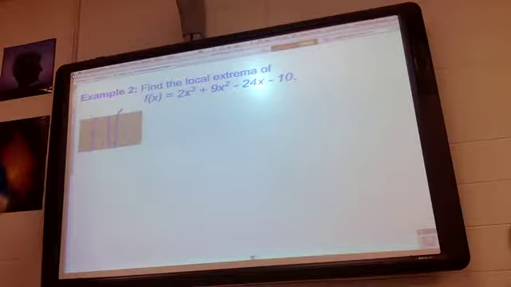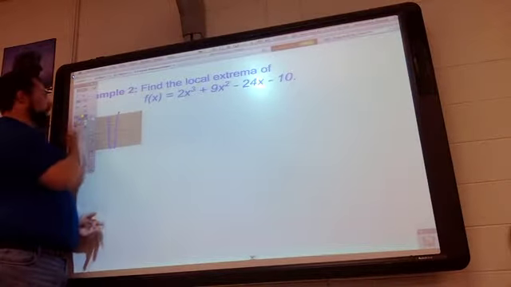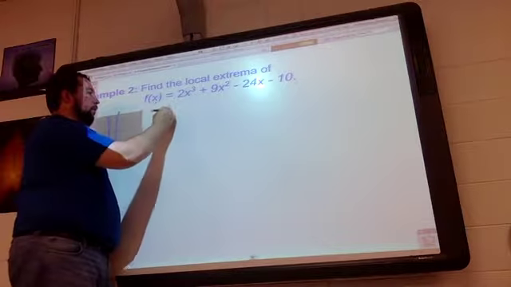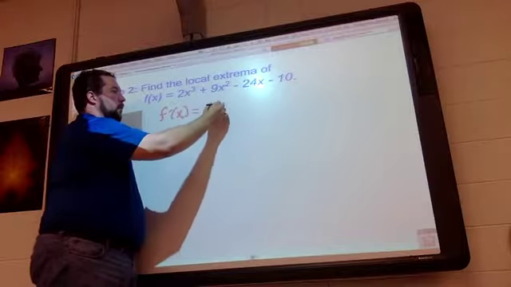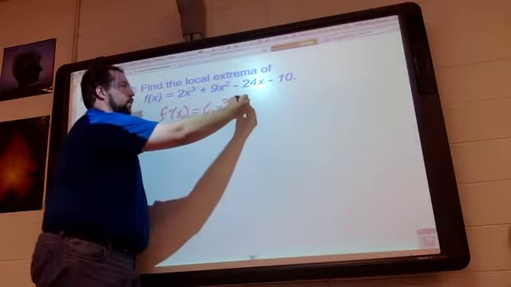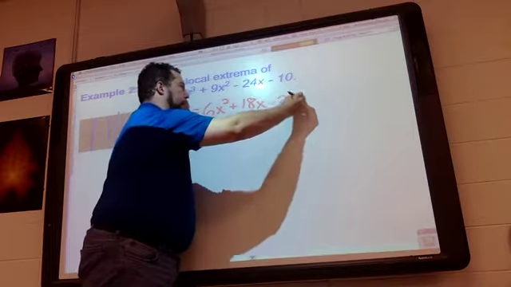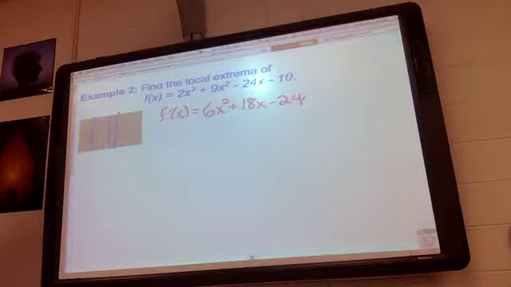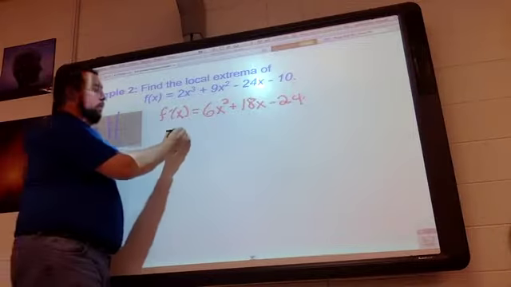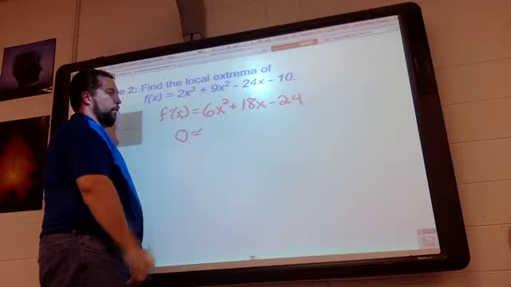If I want to find the local extrema, step 1, find the derivative. This one should be easy because it is a polynomial. The derivative is 6x squared plus 18x minus 24. Now find the critical numbers, so we need to set this equal to 0. What can factor out of everything? 6.